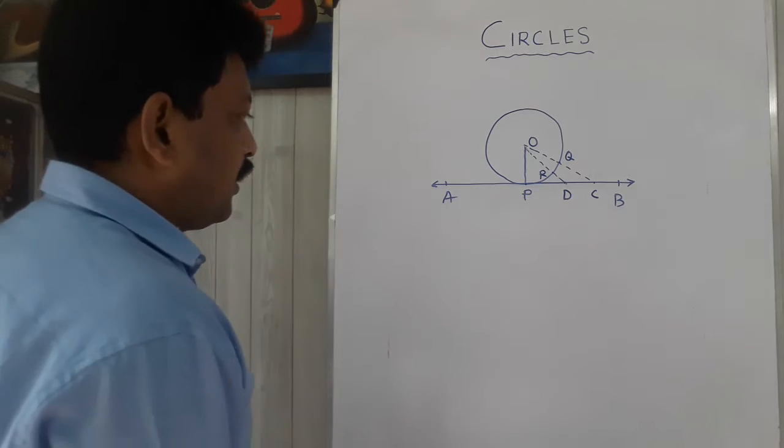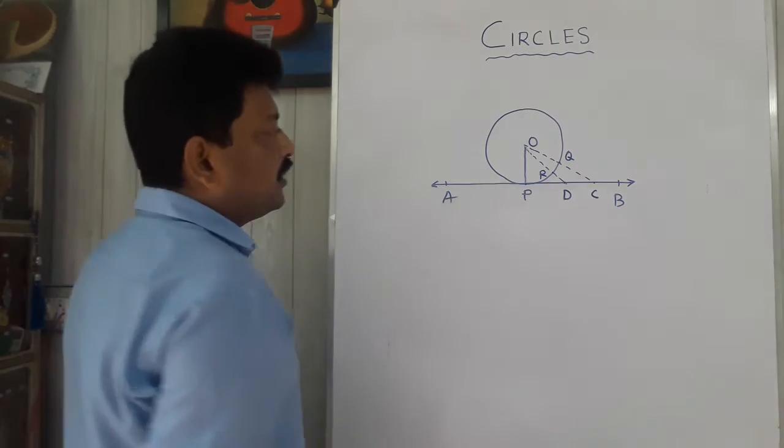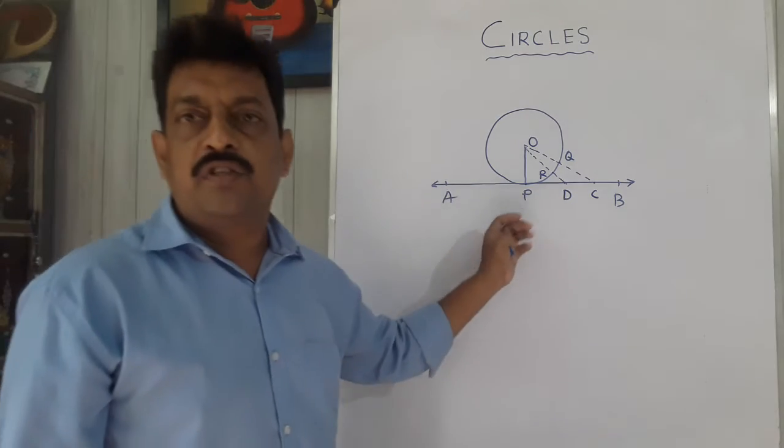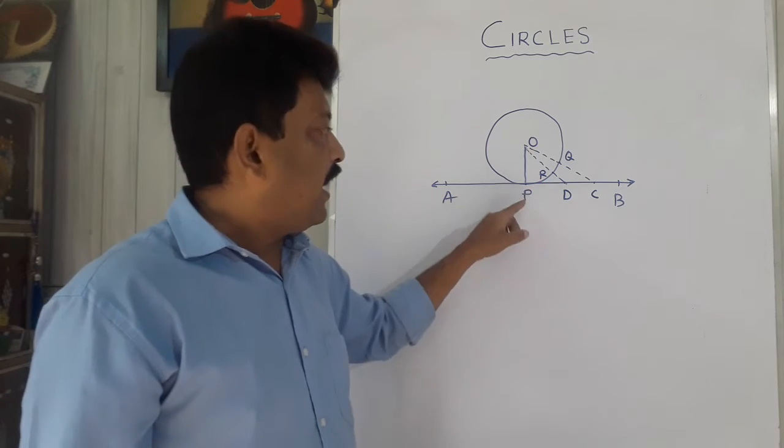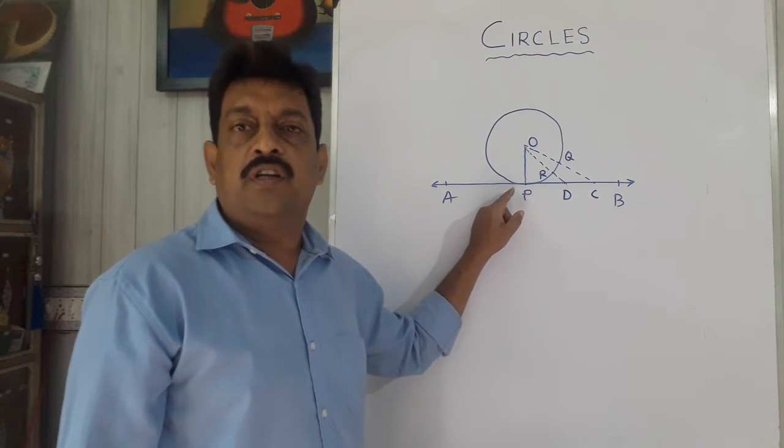Okay. Now, what is given in the question? AB is a tangent to a circle with center O, and P is the point of contact.